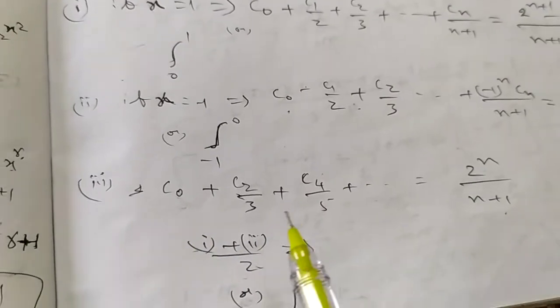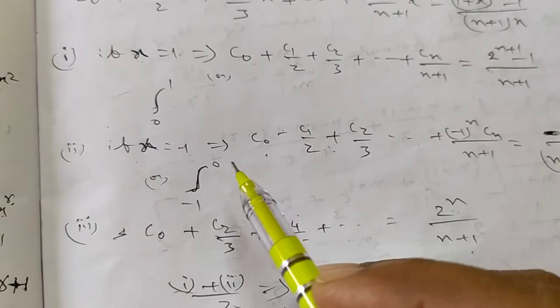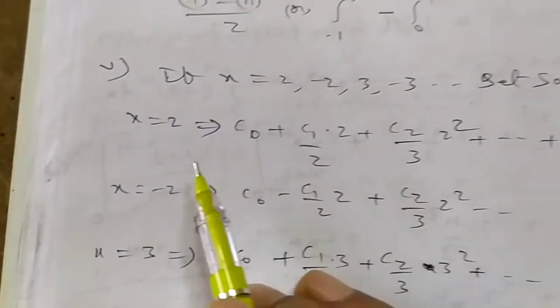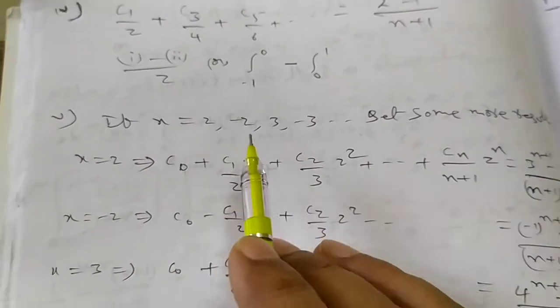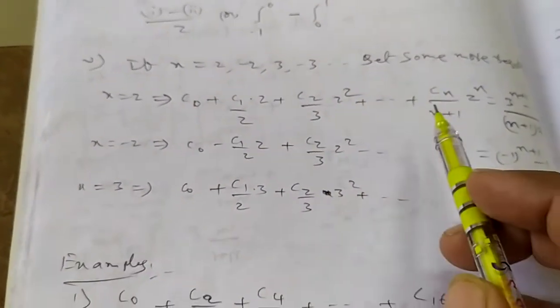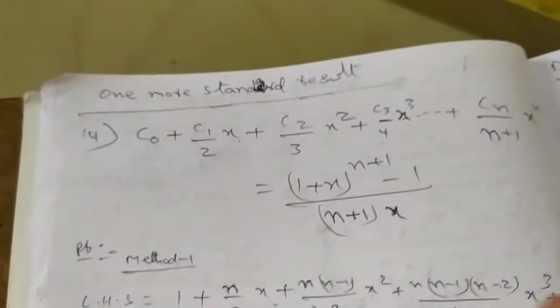Put x equal to 2, by adding and dividing, get one more result. By subtracting, get one more result. By keeping x equal to 2, minus 2, 3, minus 3, etc., get some more results. Okay. So no need to memorize the applications, but memorize this one.